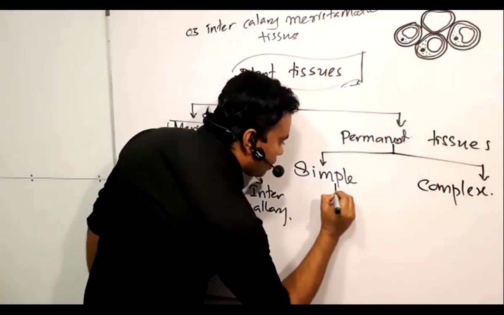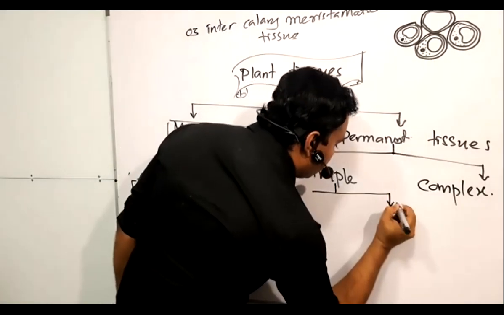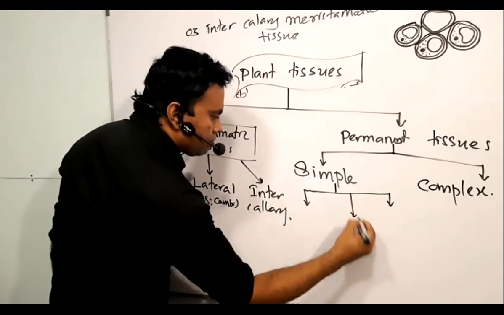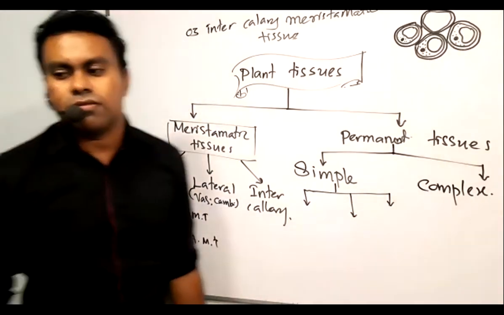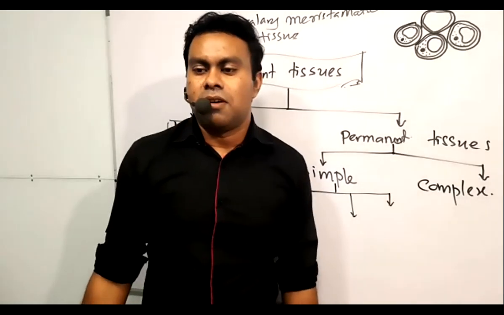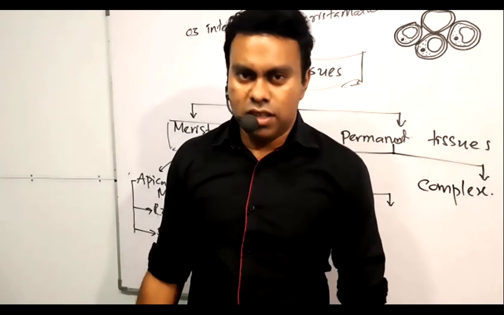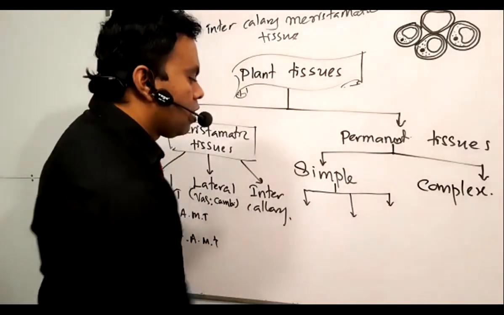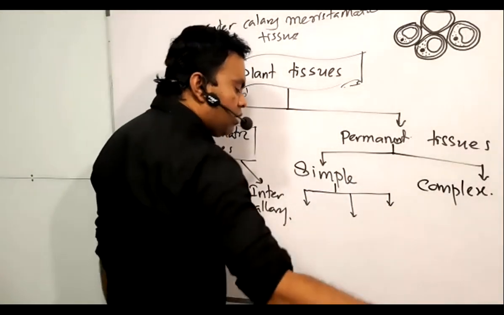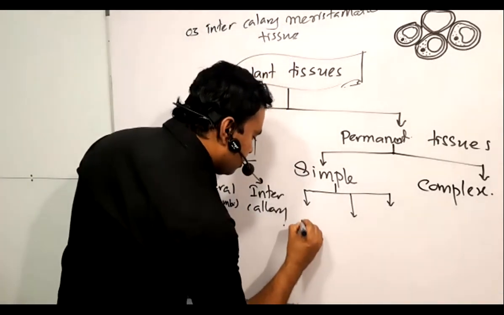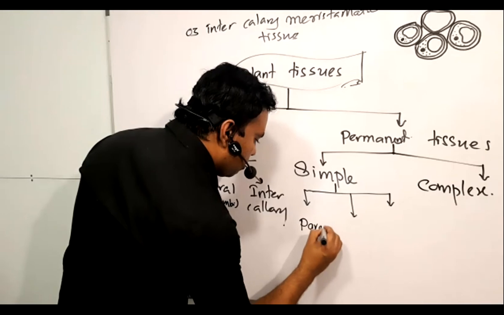So permanent means not subject to the process of cell division. Simple means only one type of cell. So there are three types of simple permanent tissues. What are they? Parenchyma, collenchyma, sclerenchyma. Okay, let's write parenchyma.